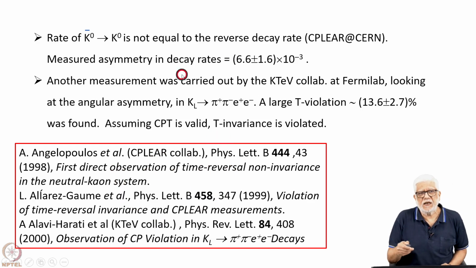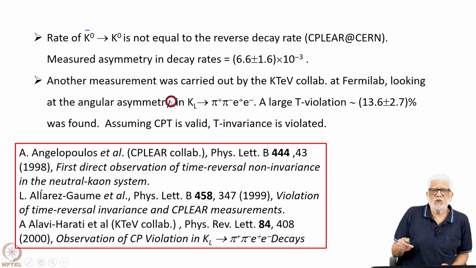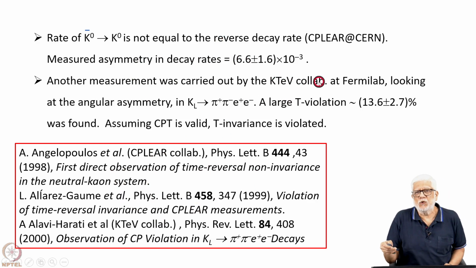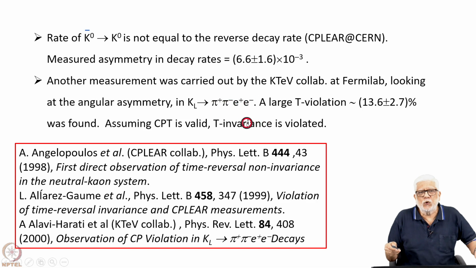This is a direct evidence for T reversal invariance violation. But there was another measurement carried out by the KTEV collaboration at Fermilab, which looked at the asymmetry in the K long decay into pi plus pi minus and e plus e minus. Now, if you look at the angular asymmetry, then this is like looking for a T reversal invariance violation.